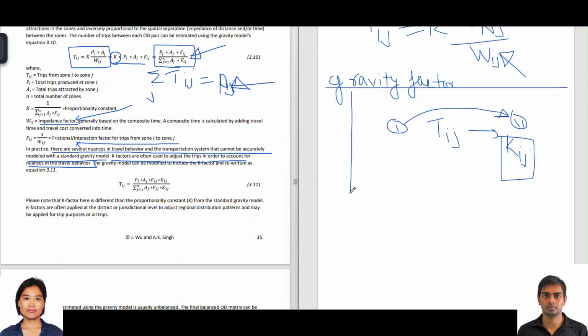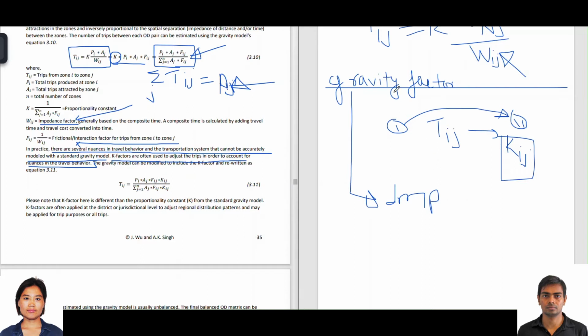The gravity model uses just one parameter, which is called the impedance function. There can be thousands of other variables that affect the trip distribution. The gravity model is pretty good, but it still lacks the accuracy to predict the correct OD pattern.